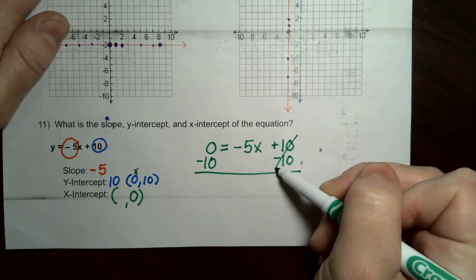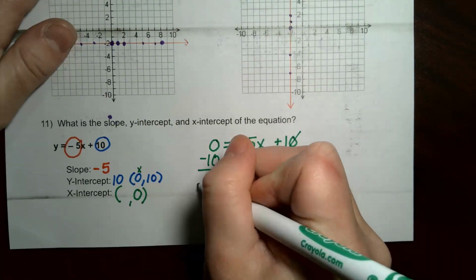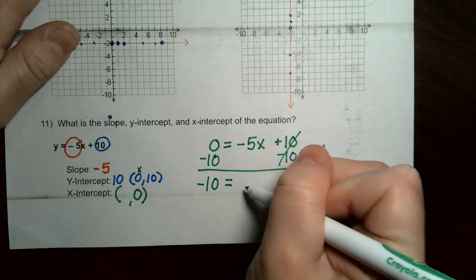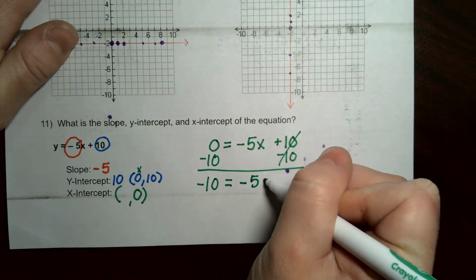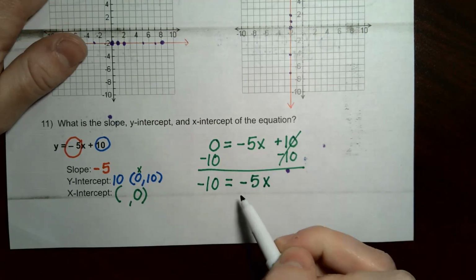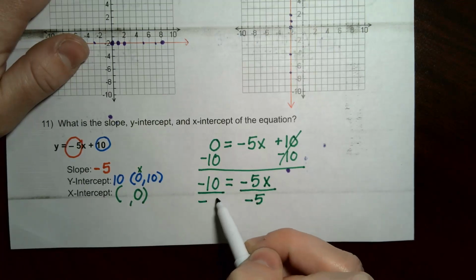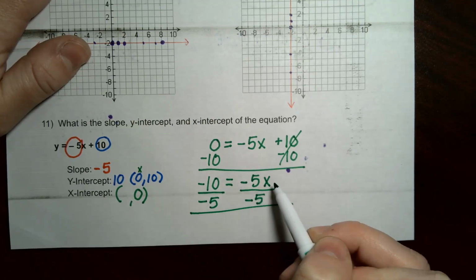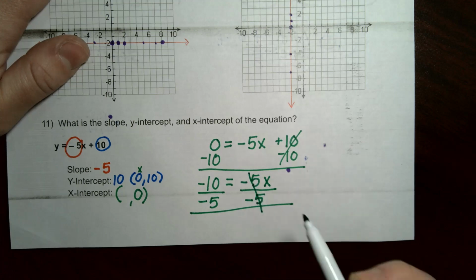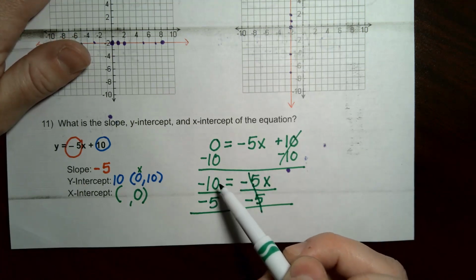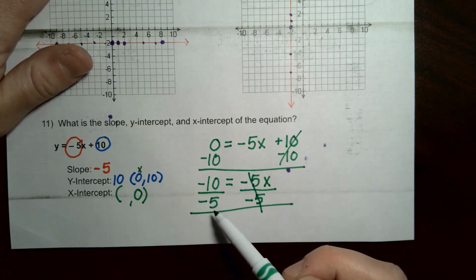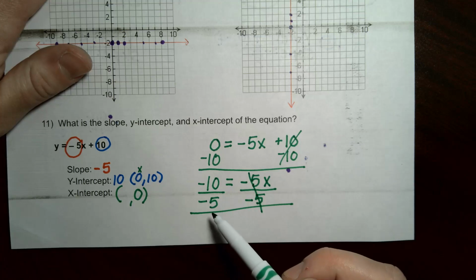All right, my 10s are going to cancel. Now I have -10 equals -5x. Divide by -5. Good. Okay, so my -5's cancel. What is -10 divided by -5? 3. Not 3. 2.